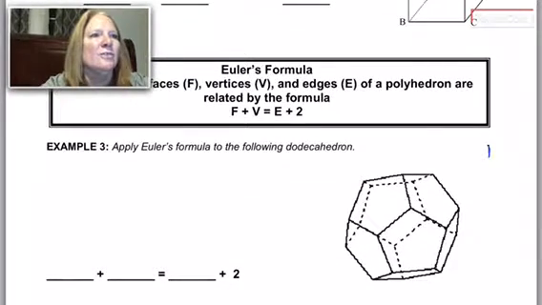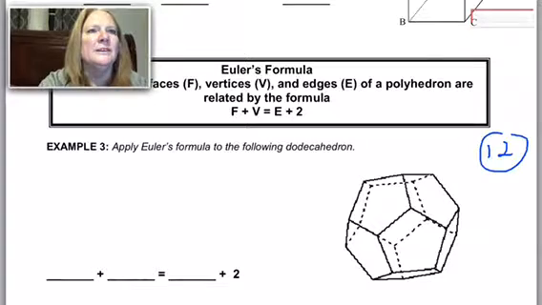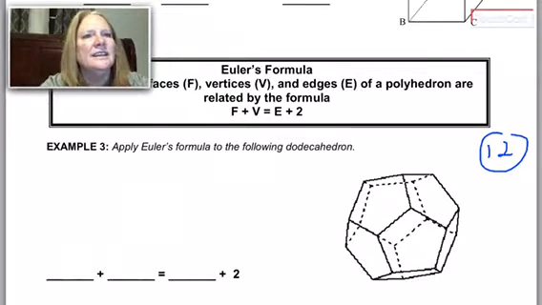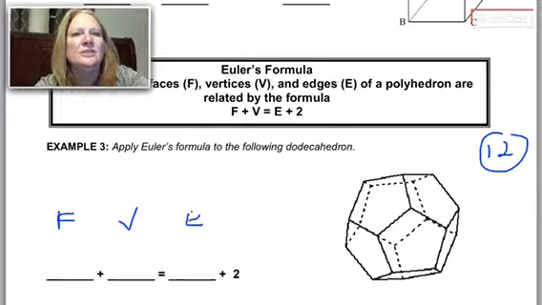It looks like a soccer ball to me. Sometimes these are hard in this picture to name them all. So the faces, it has 12 faces. So I'm going to put faces plus vertices equals edges plus 2.